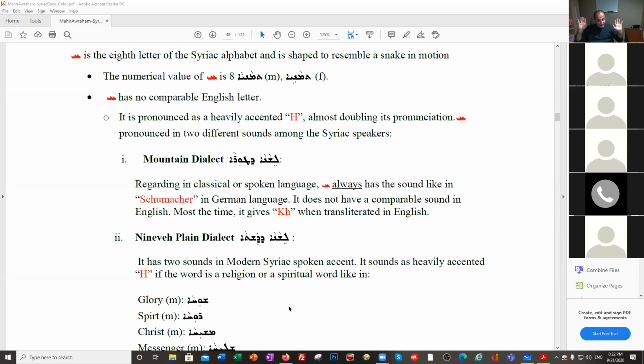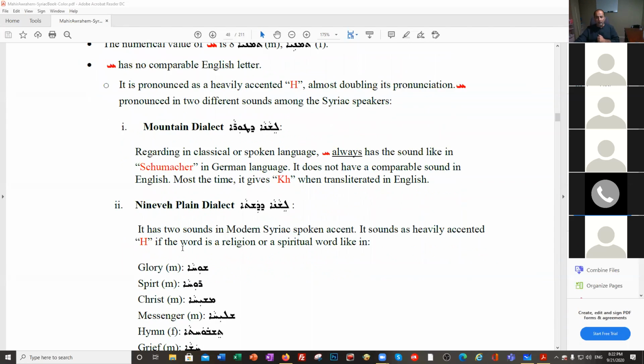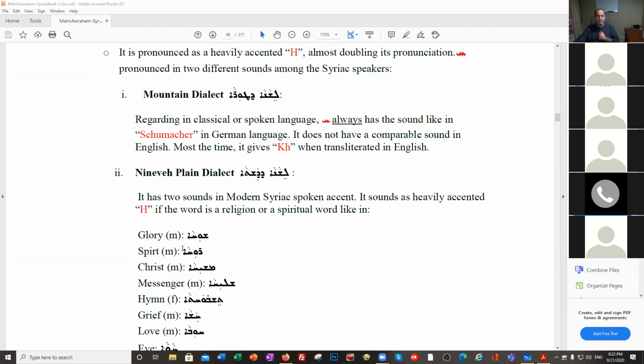So in the mountain dialect, the sound is always ch in the spoken and in the classical language. Now, Lishan Deshta, or Nineveh Plain dialect, is the subject of this class.